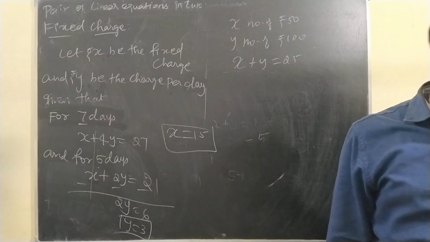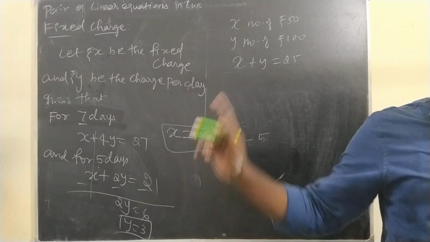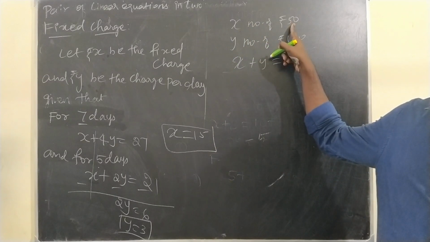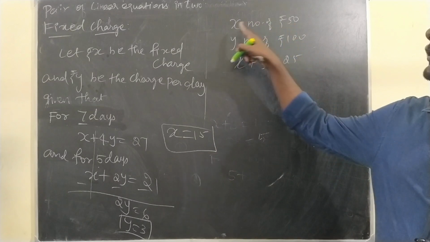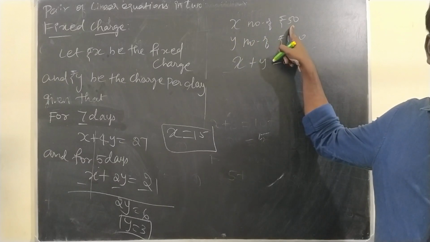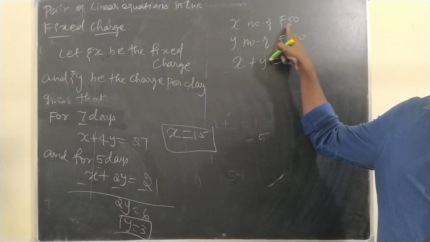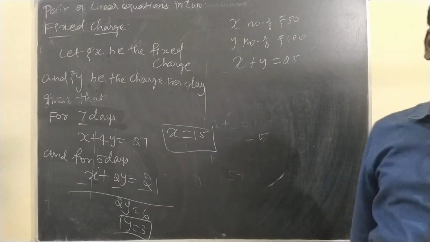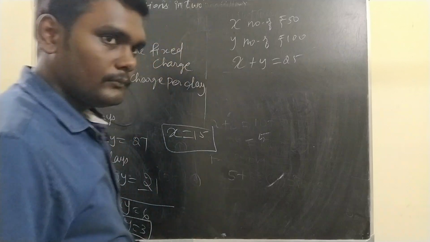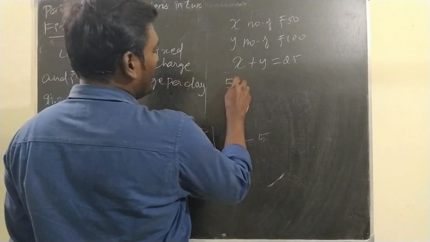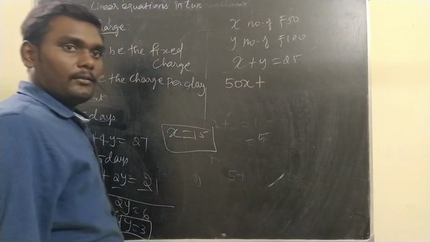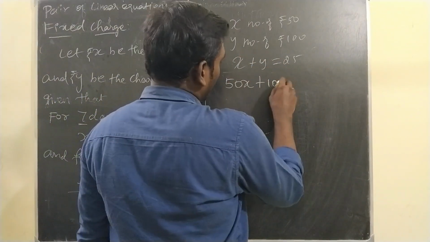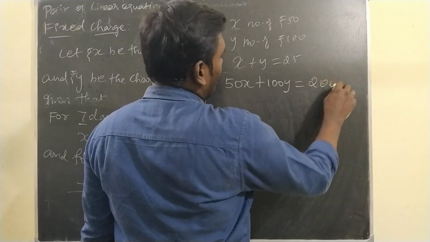What comes after is really important: the value of these notes. 1 note of 50 rupees means 50 rupees. 2 notes of 50 rupees means 2 times 50. 3 notes of 50 rupees means 3 times 50. x notes of 50 rupees means x times 50, that is 50x, plus 100y equals 2000.